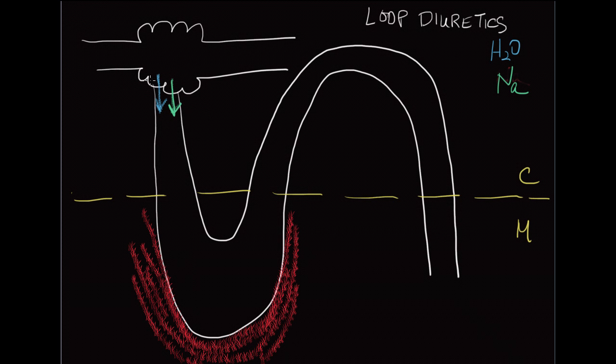The proximal convoluted tubule again does most of the reabsorption of sodium and a little bit of water, so we've got a lot of sodium coming out, back into the bloodstream, and a little bit of water. And I say a little bit because there aren't a lot of water channels in the proximal tubule.